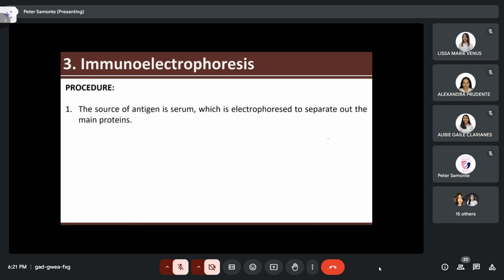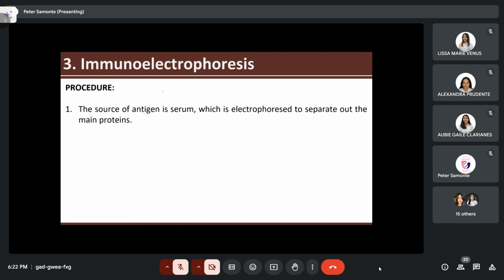So the source of antigen would be your serum, which is electrophoresed to separate out the main protein. Diba sa serum nyo class, if you still remember sa CC1 nyo, if you perform electrophoresis on serum, they would be separated into different fractions.